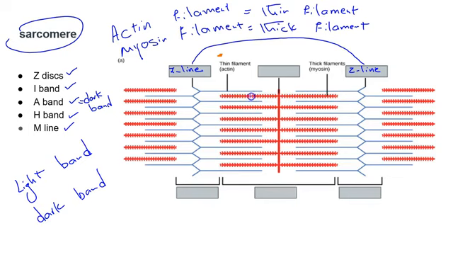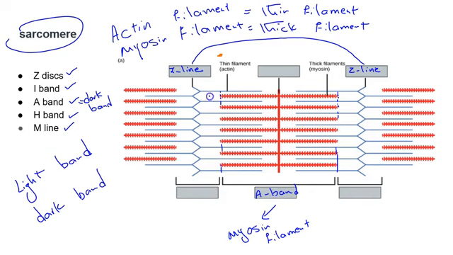It's showing our thick filaments or myosin filaments. The length of the myosin filaments, under the microscope, you can find as a dark region. So here we have the A band or dark band, which is composed of the myosin filament, or the length of the myosin filament would be the A band.